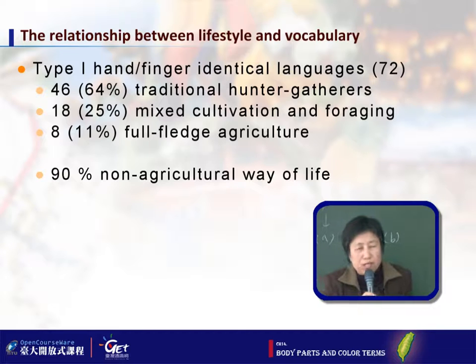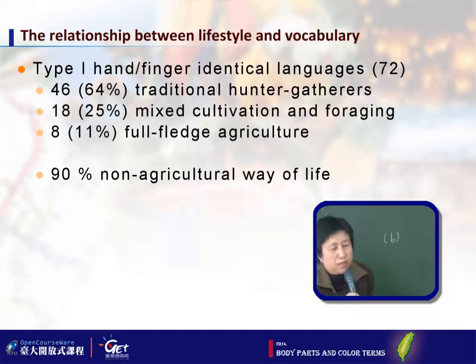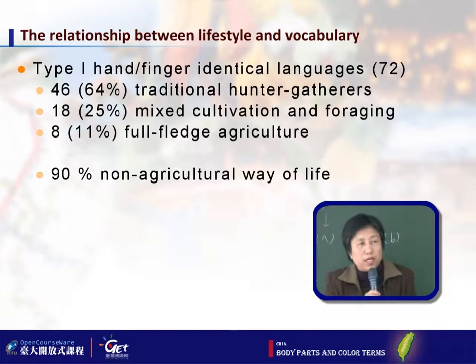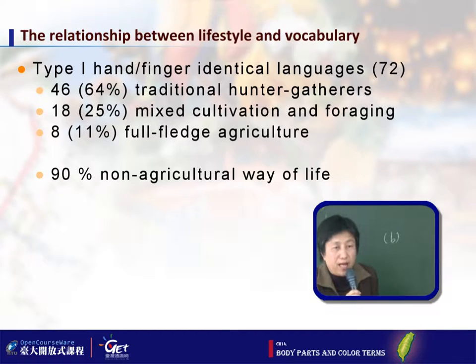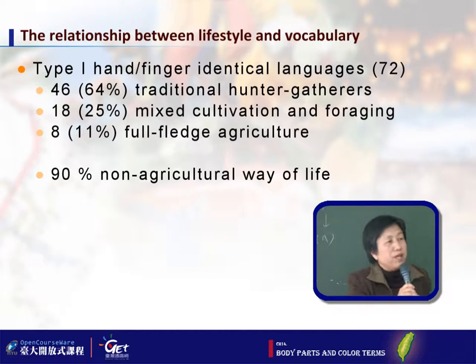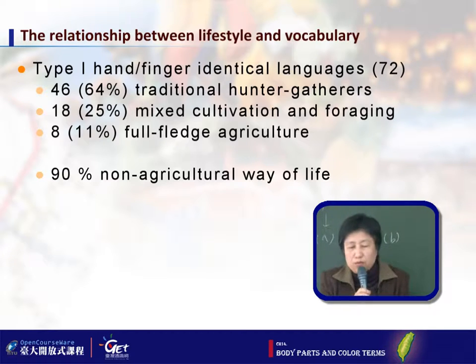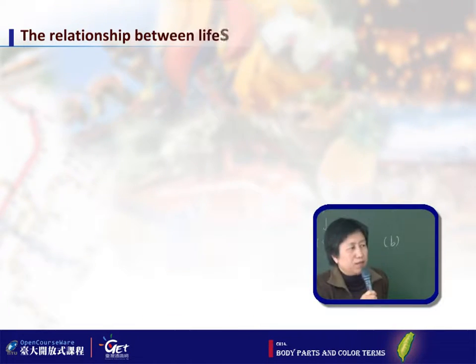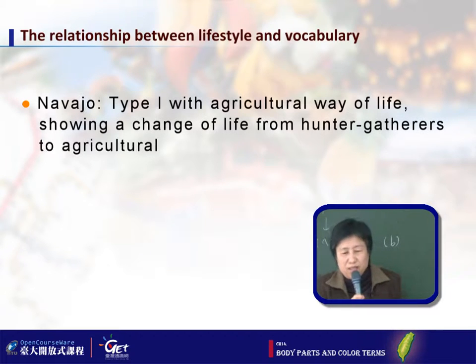And 18 languages, about 1/4, is mixed cultivation and foraging, and only 11% is full-fledged agriculture. So if you add the first two together, that's almost 90% of languages showing identical hand and finger vocabulary belonging to a non-agricultural way of life. So what does that have to do with language typology?